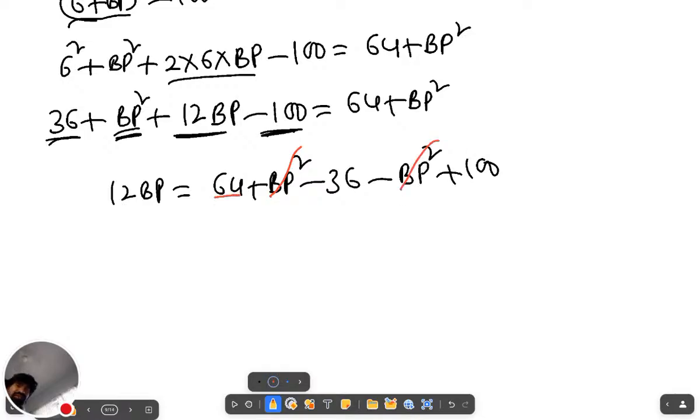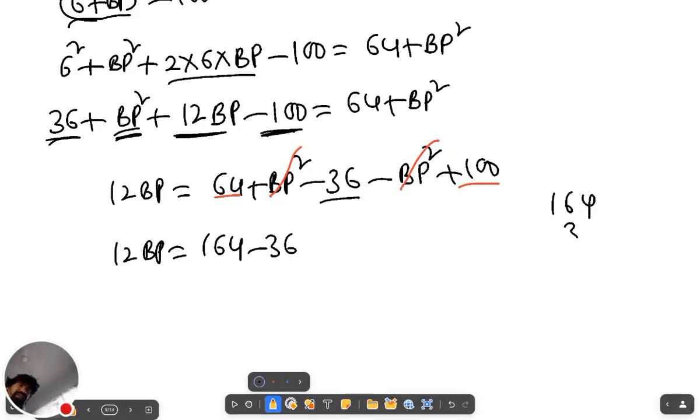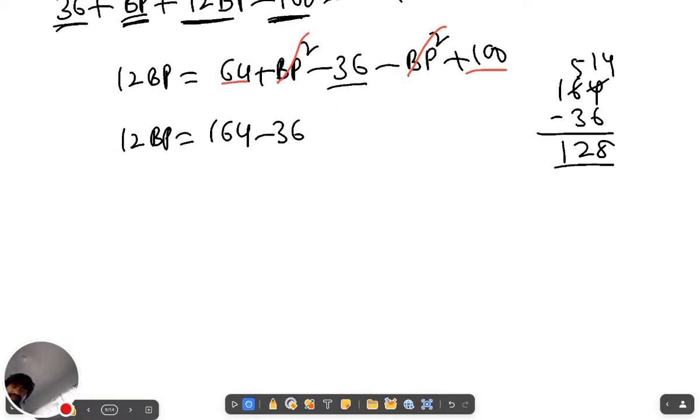Now 64 plus 100 is 164, minus 36. So 164 minus 36 is 128. So 12 BP is equal to 128.